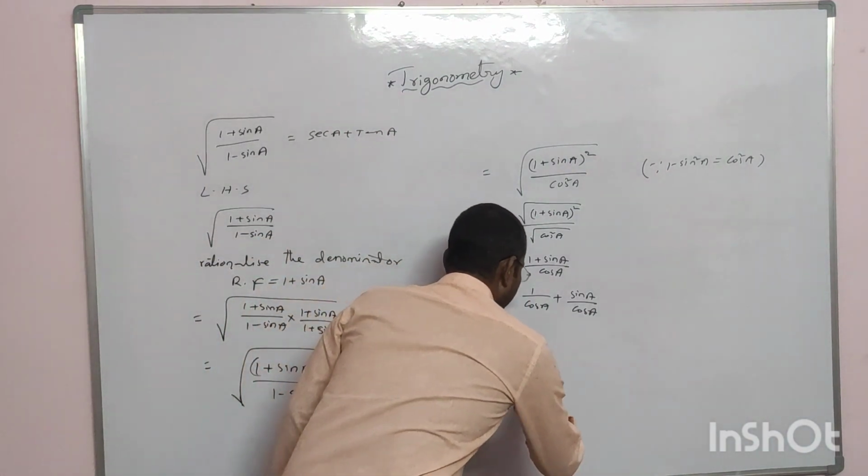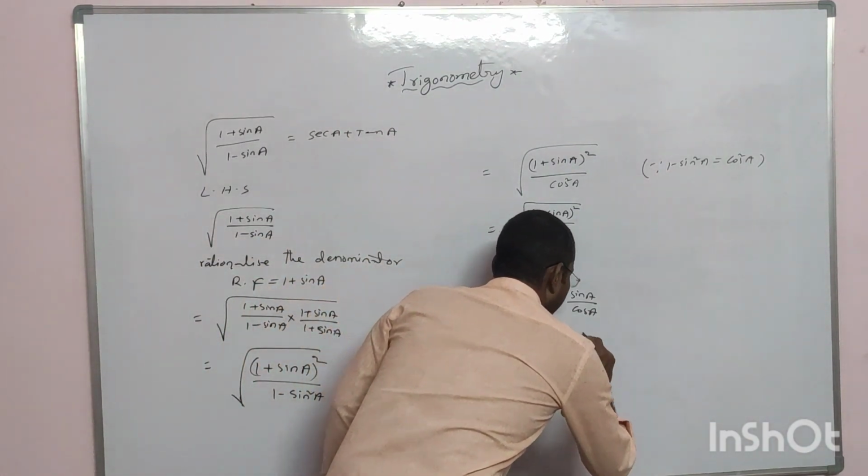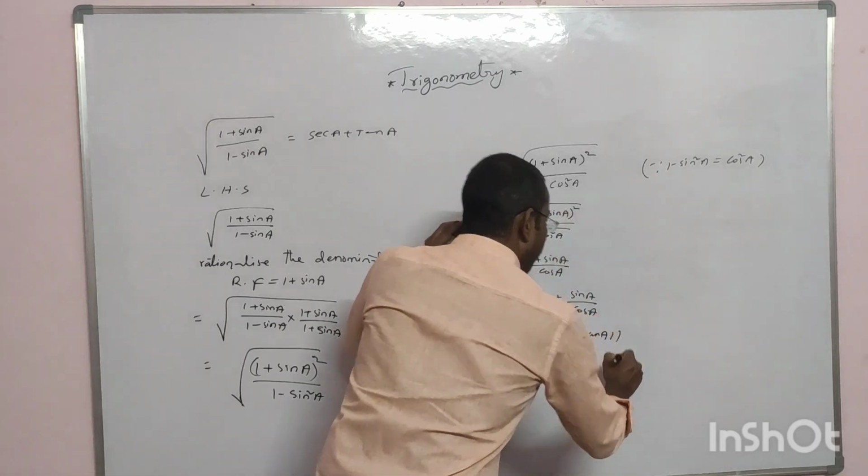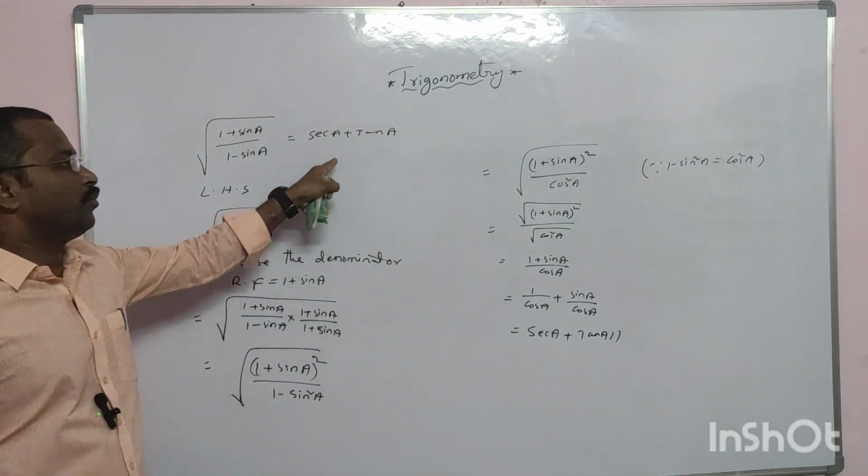So 1 by cos A means sec A. Sin A by cos A is tan A. So that is what we wanted to prove.